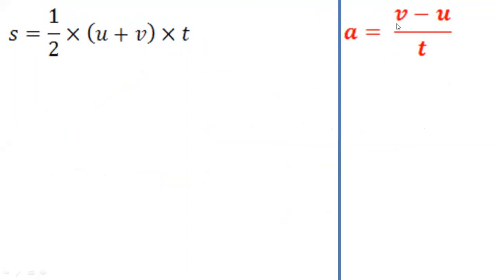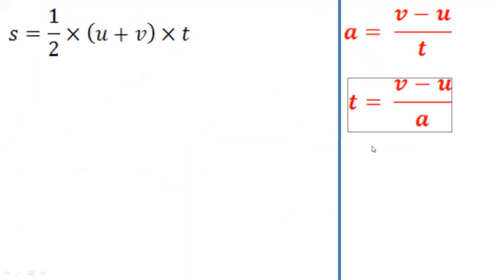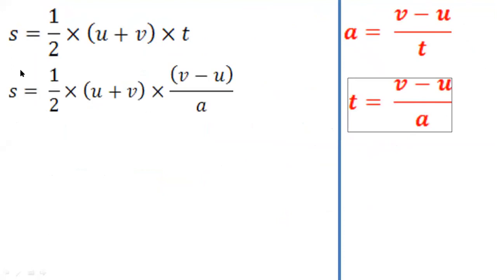Acceleration is nothing but change in velocity by time, (V minus U) by T. So I can say T is equal to (V minus U) by A, right? I have substituted A here, and I am going to replace the value of T here. So S is equal to half into (U plus V) into (V minus U) by A.